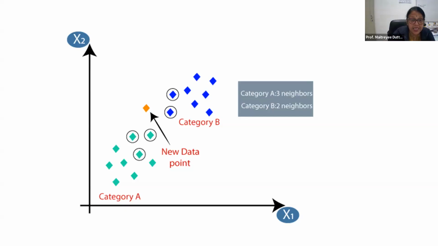After that, we will see, for example, there are 3 points here and 2 points here in a different category.